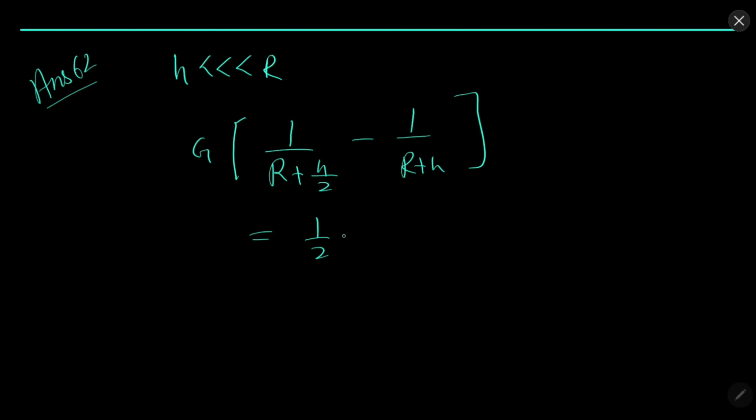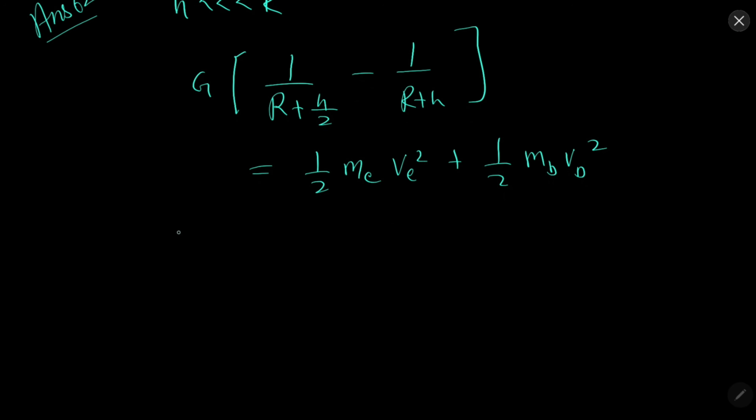It will be equal to half me v square plus half mb vb square. As all the internal forces are there, me v equals mb vb, so v equals mb vb over me.